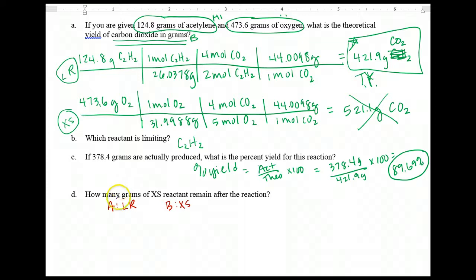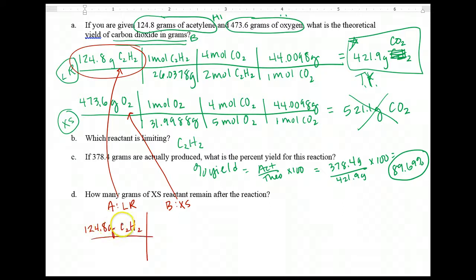So A is going to have to be acetylene, because that was our limiting reactant in the problem. B is going to have to be oxygen, which was our excess reactant. So we're going to start from this given amount of limiting reactant, 124.8 grams of acetylene.